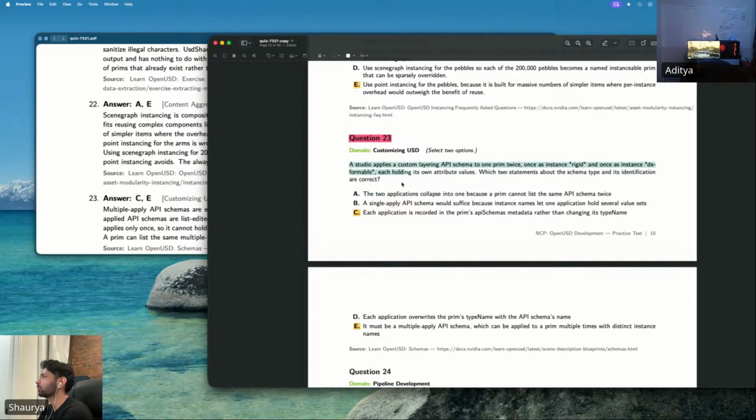Which two statements about the schema type and its identification are correct?